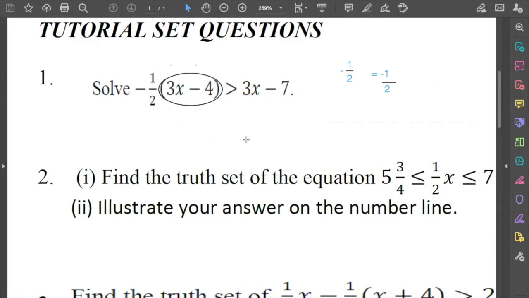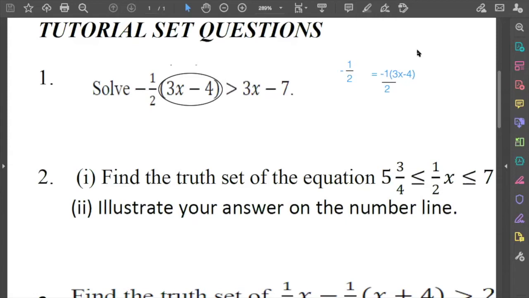So this is what we are going to get. We are going to get into bracket 3x minus 4, and then I close the bracket. Are you okay? Good.